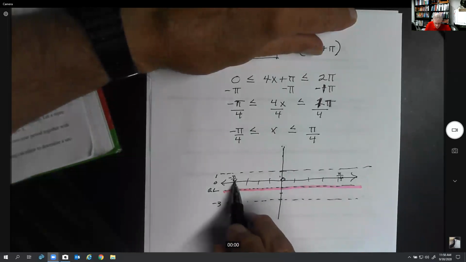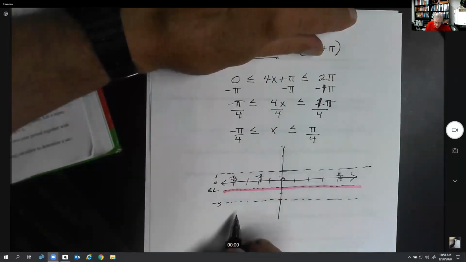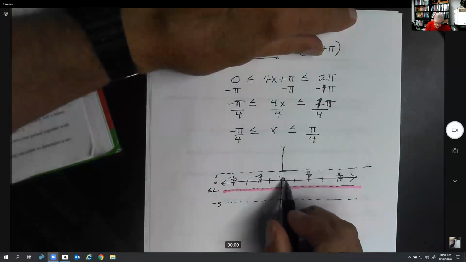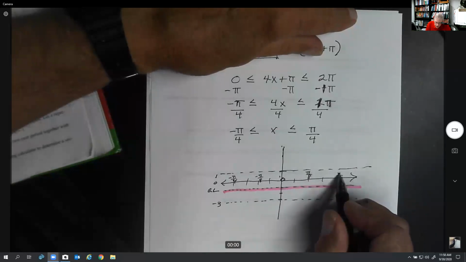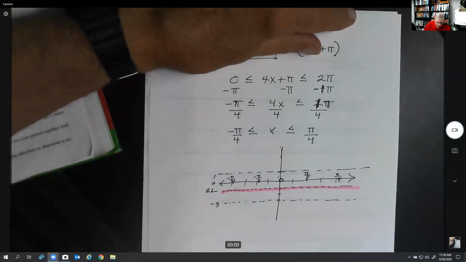If this is 2 pi over 4, 8, half of that would be -1 pi over 8. So that's negative pi over 8. This is pi over 8. 0, 1 eighth, 2 eighths. Okay, and I got my divisions.